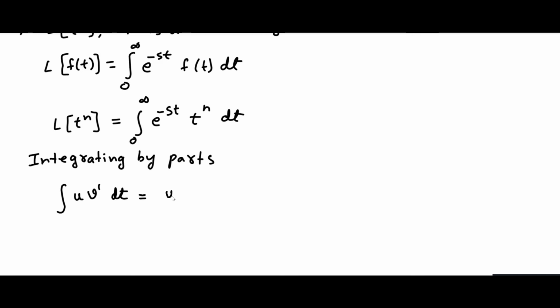The general formula is u into v minus integral of v into du. This is the basic formula that you have. Let us try to use this formula over here.